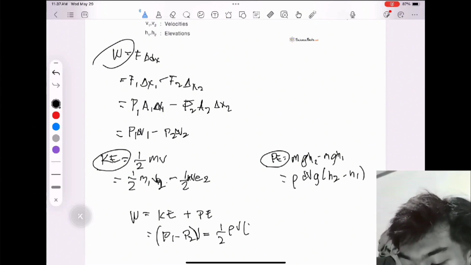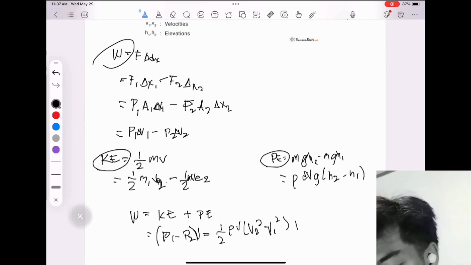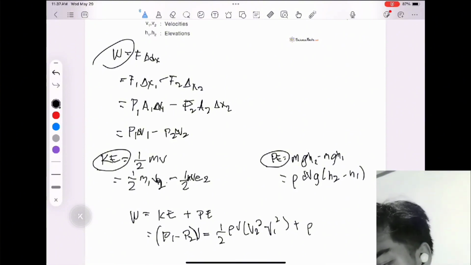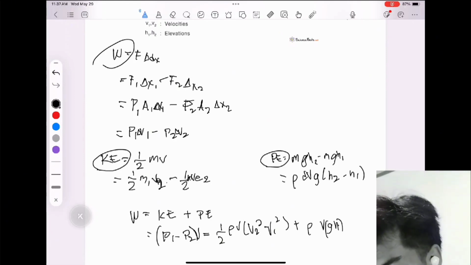Since ang mapapansin natin na lahat ng terms sa equation na nilagay natin ay merong volume na nakakabit, we can divide all of it by its volume. Then makakancel out lahat ng volume.